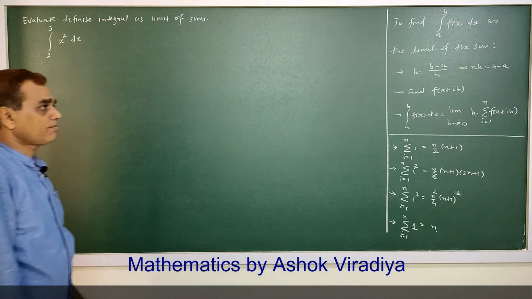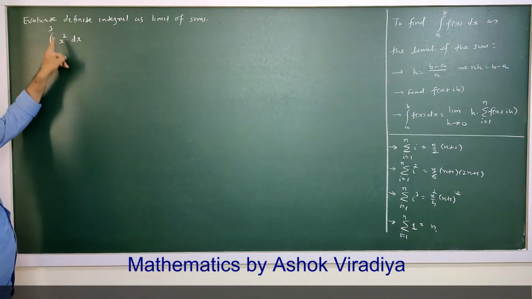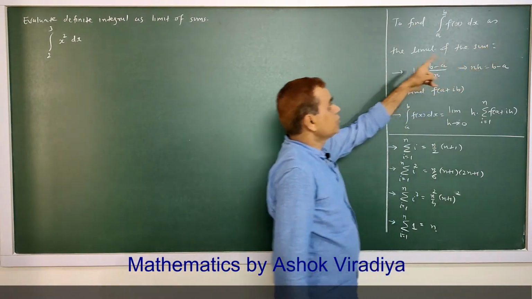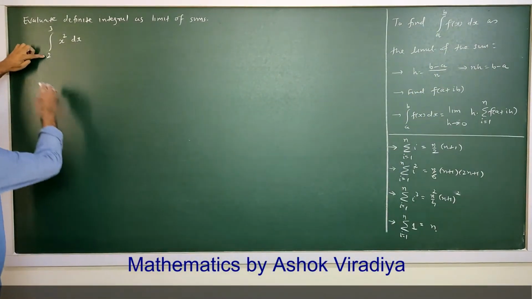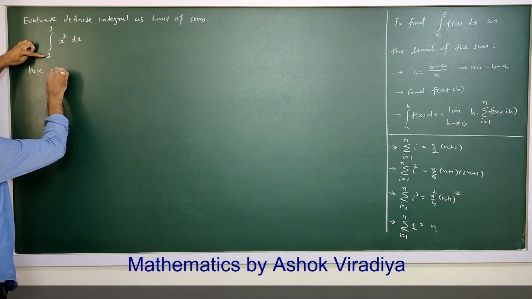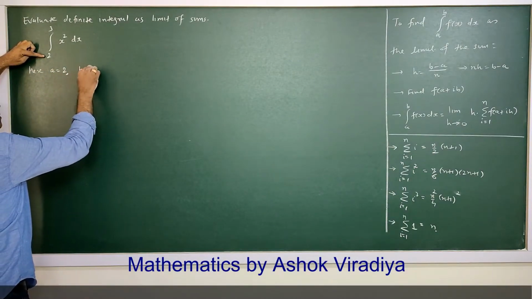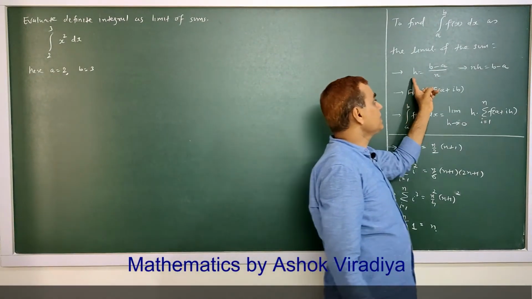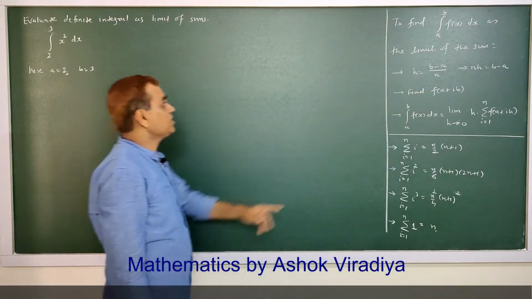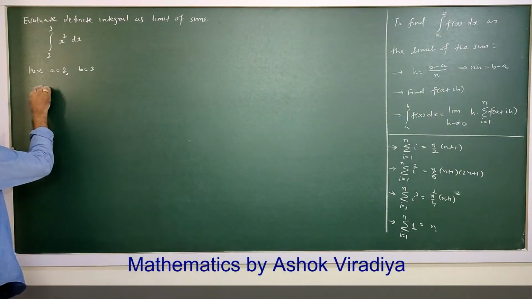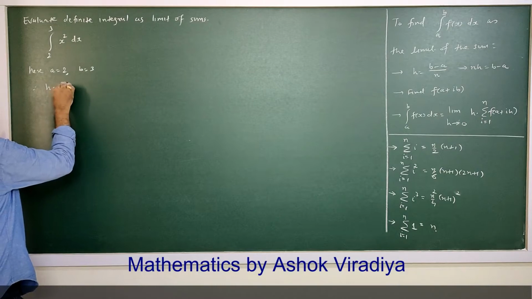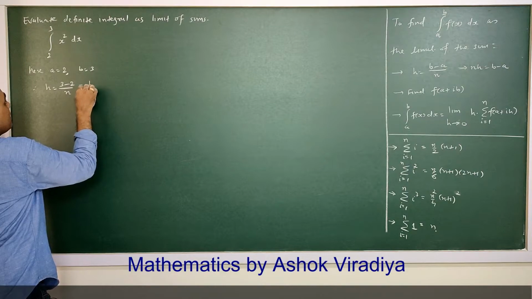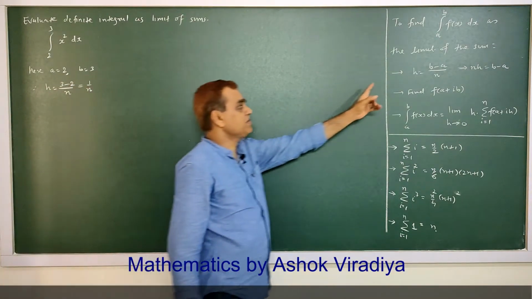So the method is, say we want the integral from 2 to 3 of x square dx, that is, a to b f(x) dx. So here a is 2, b is 3. The length of each subinterval is h, so h equals b minus a upon n. So h is 1 upon n.